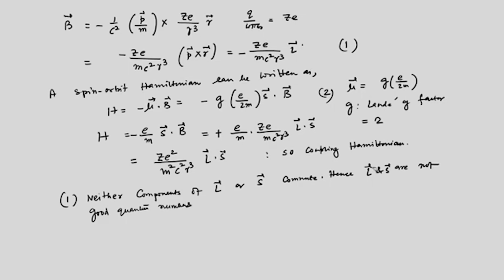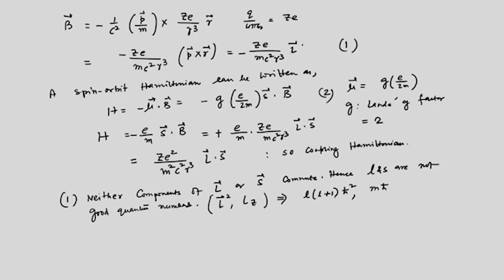Instead of L and S, I should write it as l and s, which are quantum numbers corresponding to the vectors, or these operators, L and S. So, that is very clear why that happens, because L and S have components Lx, Sx, Ly, Sy and Lz, Sz, and in order to express the eigenfunctions of the hydrogen atom, we have taken the two operators L square and Lz, a set of good operators which give rise to the l quantum number, which have eigenvalues as this and this respectively.